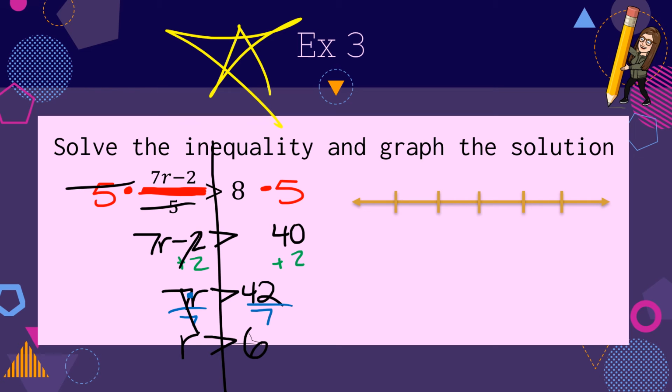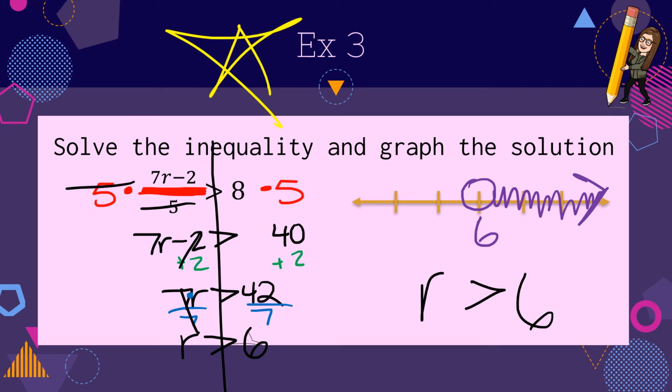So again, if there's a large division bar over the whole problem, it's in the way. If something's in the way that much, we need to get rid of it. So let's go to our number line. Oops, first of all, I see my variable's first, so that's good. I'm just going to rewrite it here. At 6, we're going to be open, and we're greater than 6. So we're going to go to the right, bigger than 6.